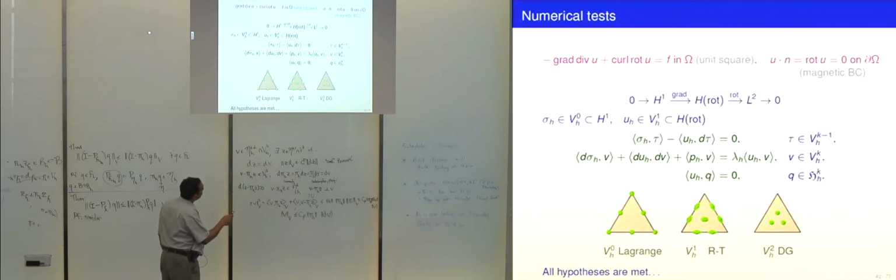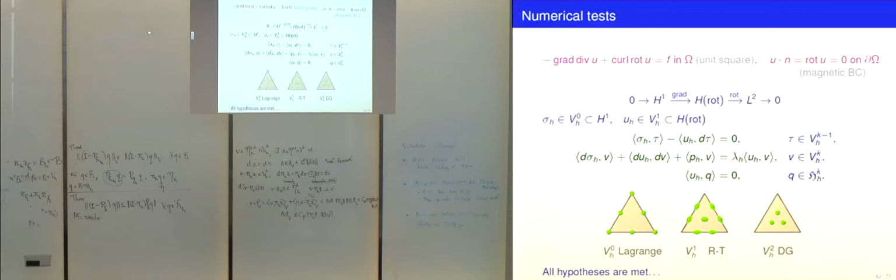So you give the integral and the first moment, or the value at 2 points, your choice. But let's take the integral and the first moment of u dot s on each edge. That's 6 degrees of freedom. And then you also give the integral of each of the 2 components of u in the interior. So those are 8 degrees of freedom.